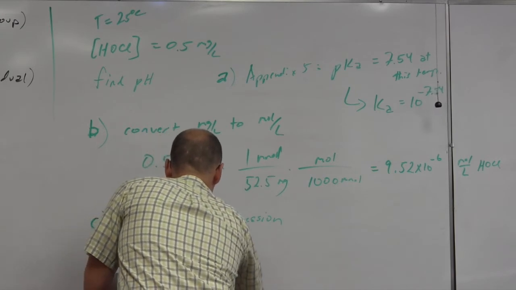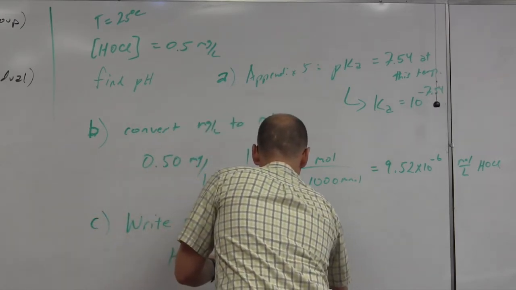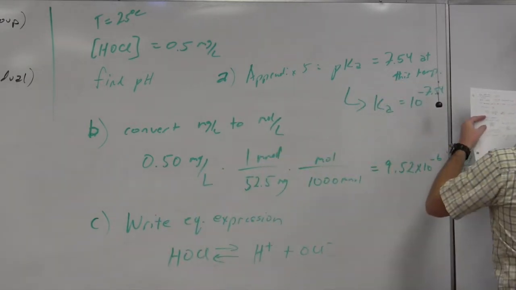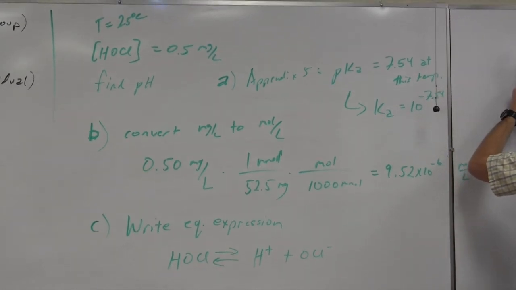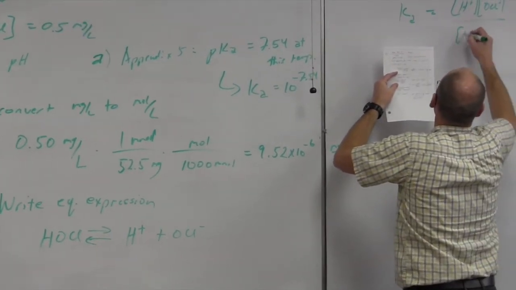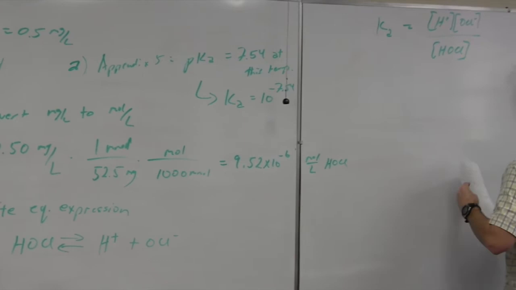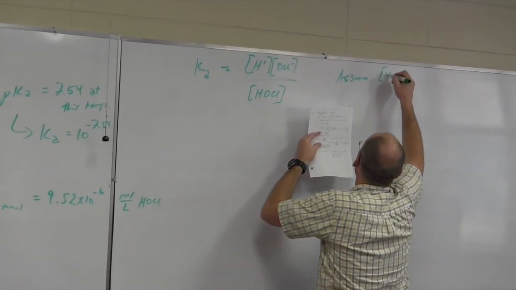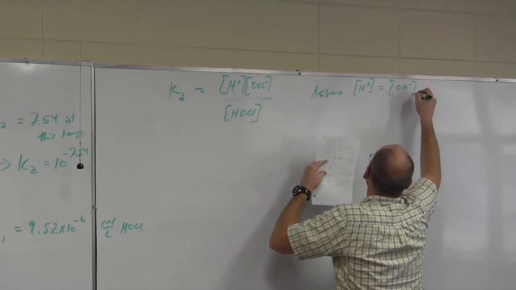The reaction that we're talking about is HOCl in equilibrium with H plus and OCl minus. Ka is the equilibrium expression, H plus OCl minus over HOCl. And here we're going to assume that the H plus is equal to the OCl minus.